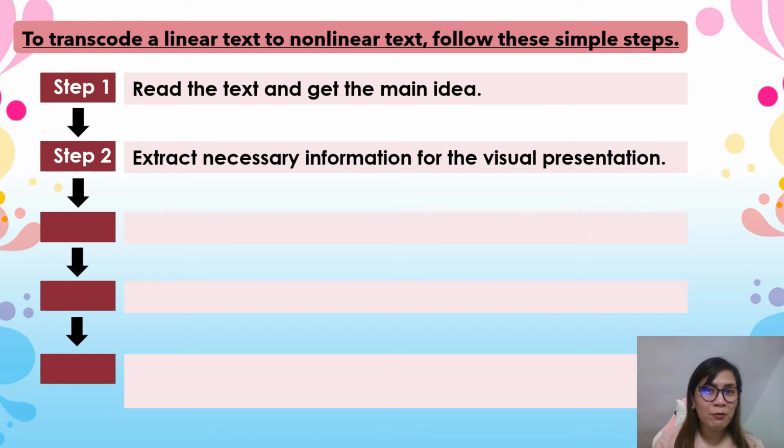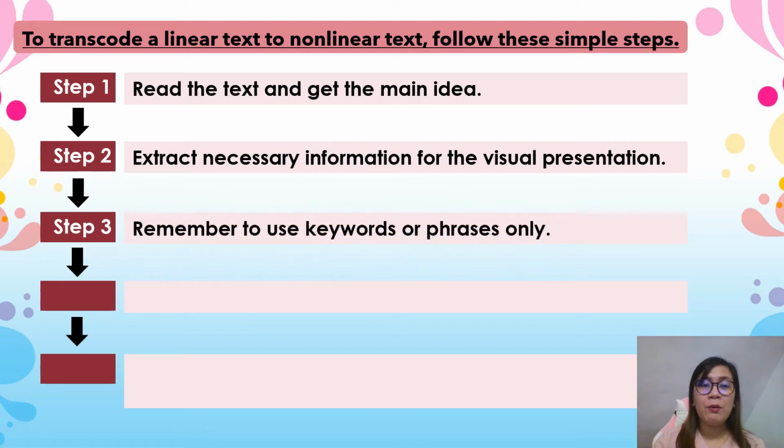When you look for information, they may be words, ideas that are being compared, or numbers and statistics that are present in the text. Step 3. Remember to use keywords or phrases only. Since it's a nonlinear text, generally speaking, the form of the sentences are short.